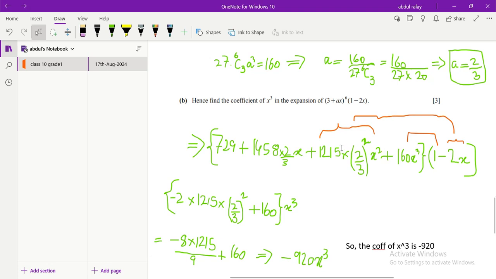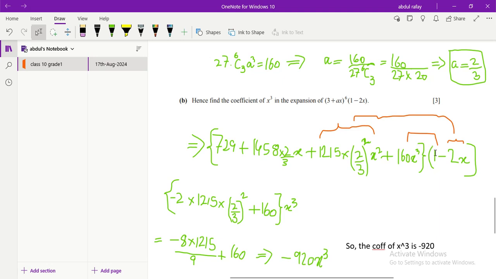So what I did here is multiply just the terms that give x to the power 3. If you multiply these two terms, you will get an x to the power 3 coefficient, and when you multiply this, you will get an x to the power 3 coefficient, right? So this term and this term will give you the coefficient of x to the power 3.